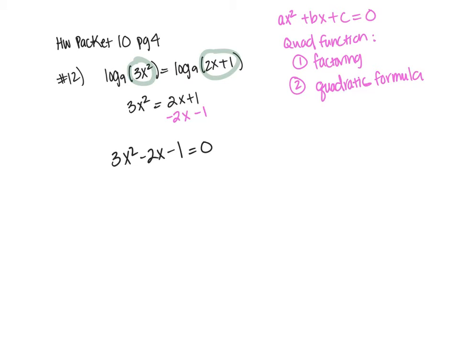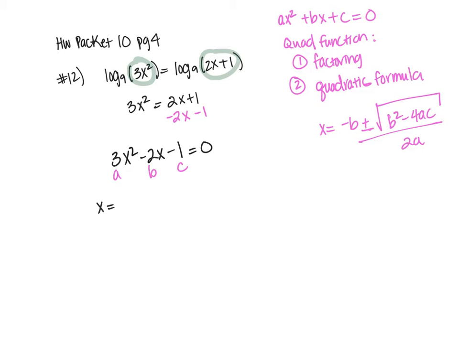Okay? So in this case, now I can use the quadratic formula. So if you remember the quadratic formula, it's x equals negative b plus or minus the square root of b squared minus 4ac all over 2a. So here's my a, here's my b, here's my c. If I were to use this formula, let's see how far I go.